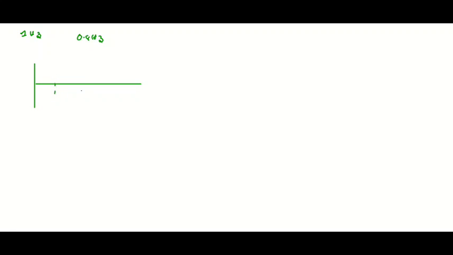So this is 1 Hertz, 2 Hertz, 3 Hertz, 4 Hertz, 5 Hertz, etc. So let it be till 5. And this represents one cycle, first cycle, this is second cycle, this is third cycle, this is fourth cycle, and this is fifth cycle, right?